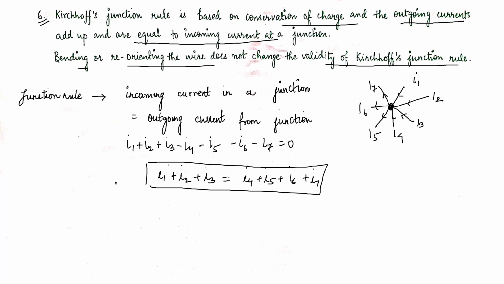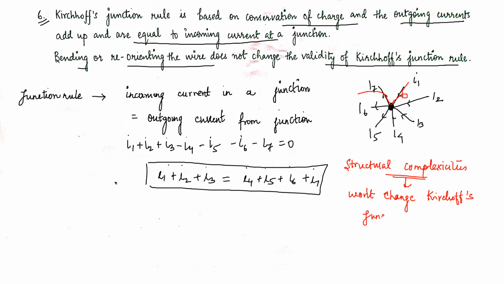Now in case I bend this wire I7 like this, or I bend I1 like this, these kinds of structural complexities will not change Kirchhoff's junction rule.